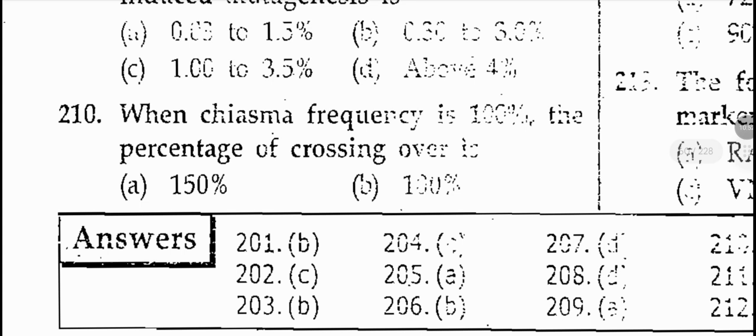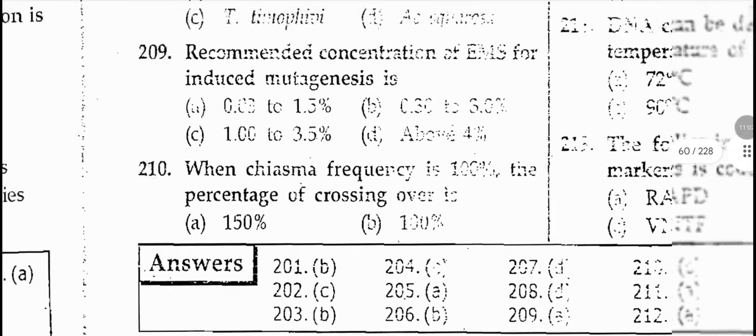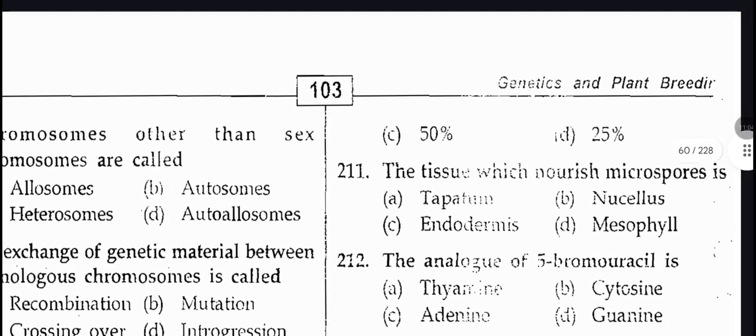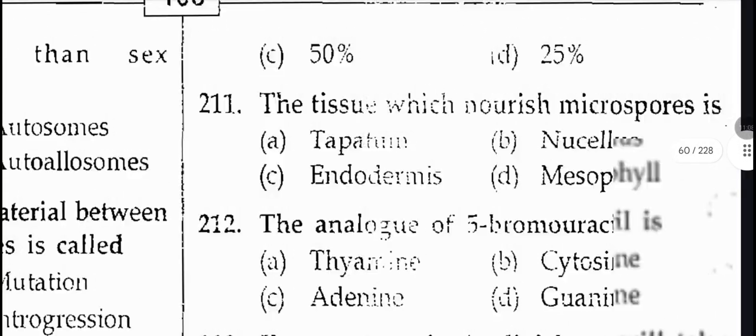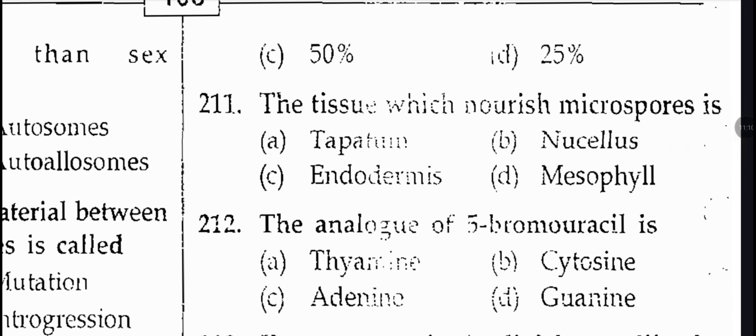Question number 210. When the plasma frequency is 100%, the percentage of crossing over is, I think it's D, 25%. Question number 211. The tissue which nourishes the microspore is the tapetum.